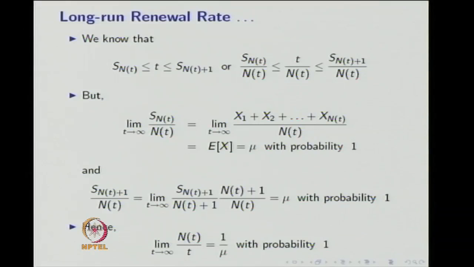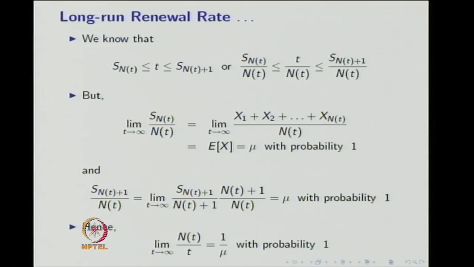Now we can evaluate the first one, S_{N(t)} divided by N(t), as t tends to infinity. The numerator is nothing but the summation of X_i's till N(t), the denominator is N(t), and that is nothing but the expectation of X. In the long run, the summation of X1, X2 till X_{N(t)} divided by N(t) is the expectation of X, that is the same as mu, with probability 1.